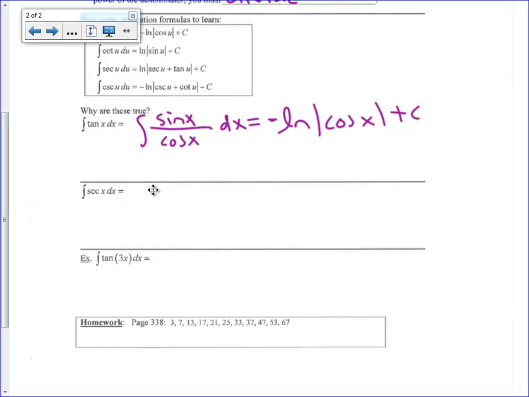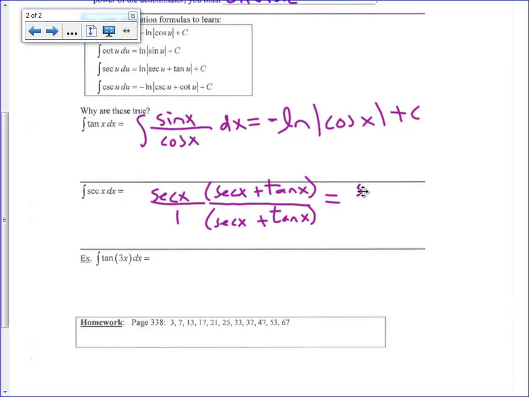The reason secant works out to be natural log of secant plus tangent is because if you miraculously multiply the top and bottom by secant x plus tangent x, this is one of those weird proofs where we just do something weird like multiply by a clever form of 1, and that clever form of 1 is secant x plus tangent x. If you multiply this together, you get secant squared x plus secant x tangent x, all divided by secant x plus tangent x.